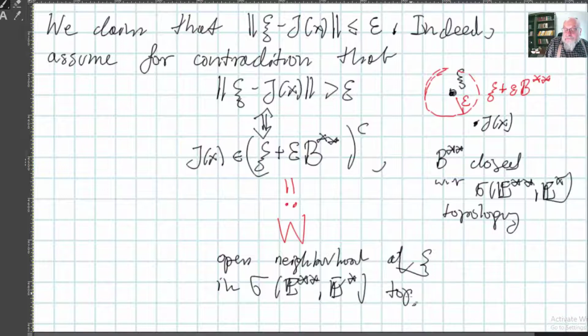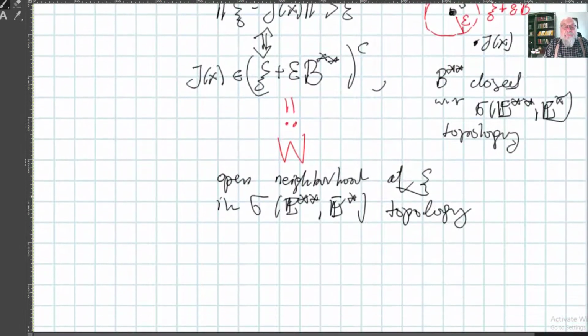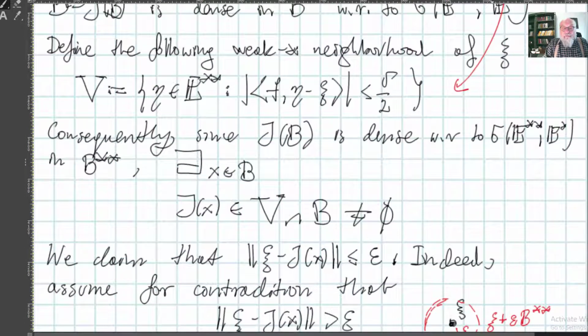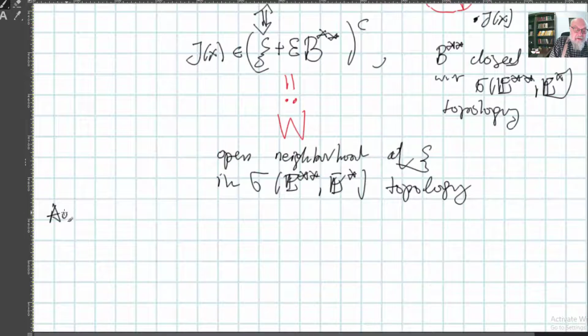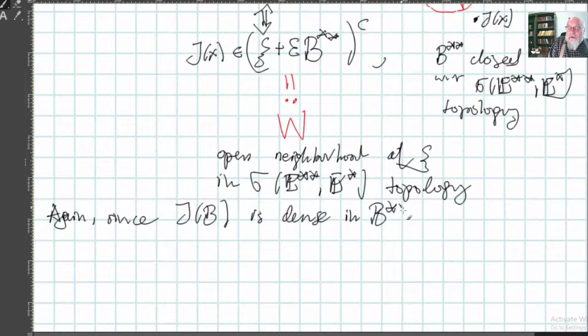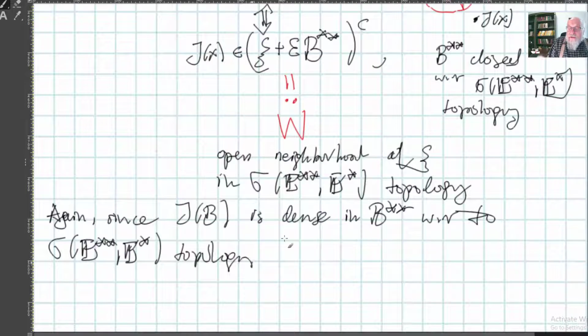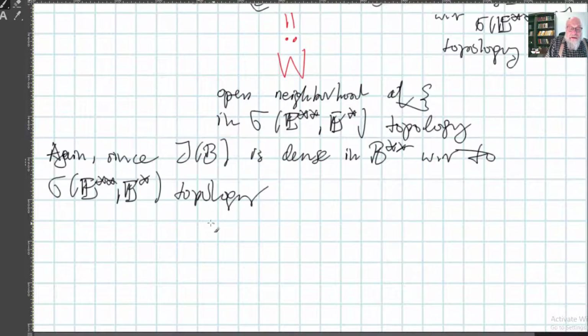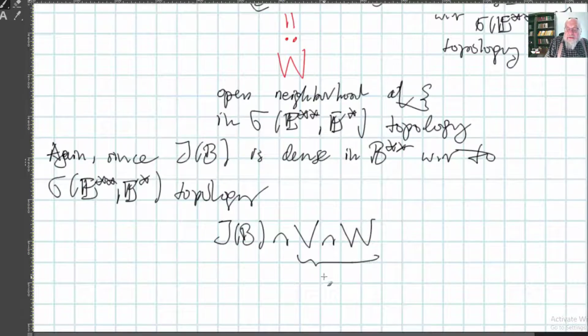And that implies, again by the same property, since JB is dense in B double star with respect to the sigma E double star, E star topology, we again get that the intersection of JB with V and W, which is also a neighborhood of ψ, must be non-empty.